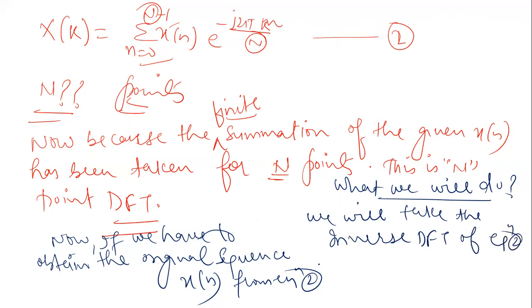So it is given by x(n) is equal to 1 by N summation k is equal to 0 to N minus 1 X(k), a sample sequence, e^(j 2 pi k n / N).